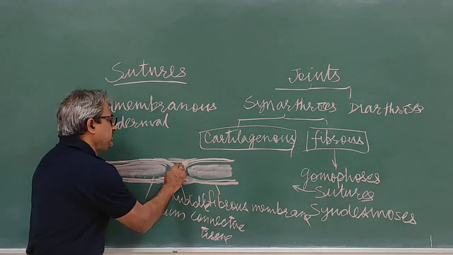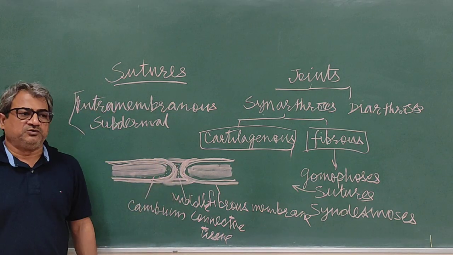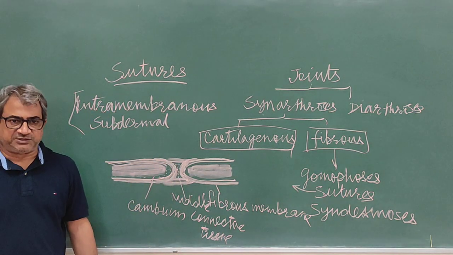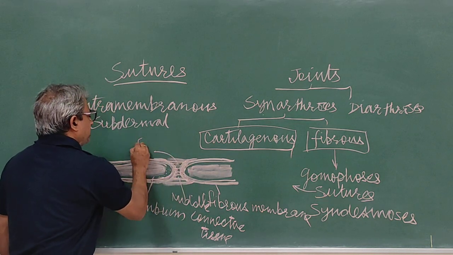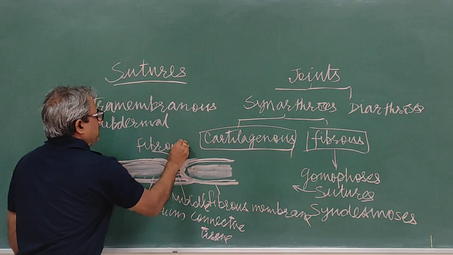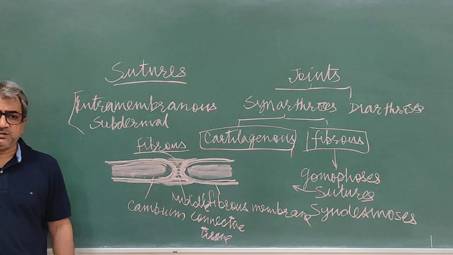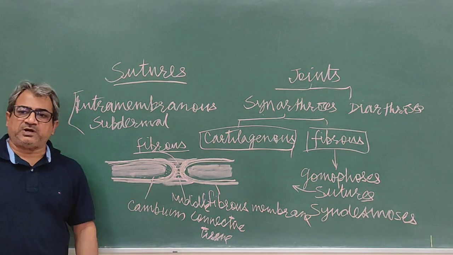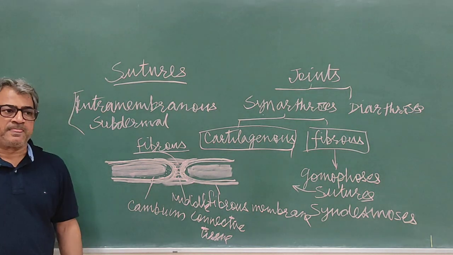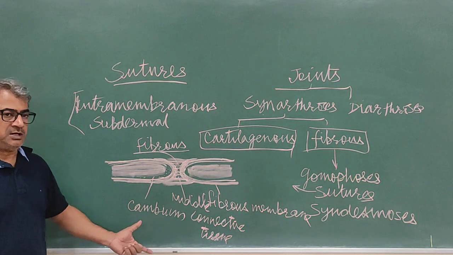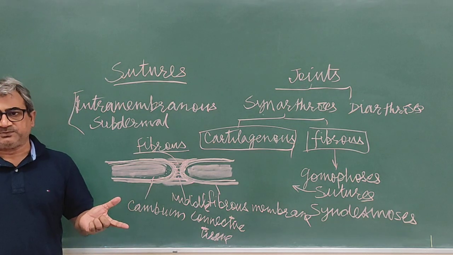And in between these two fibrous layer structures, the connective tissue, which is collagenous in nature. So this together forms a joint which is called a fibrous joint. Because of this, it is categorized under the fibrous joint, and it is a suture. Now, the sutures are further of many types.